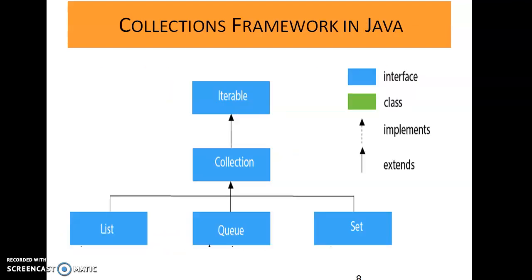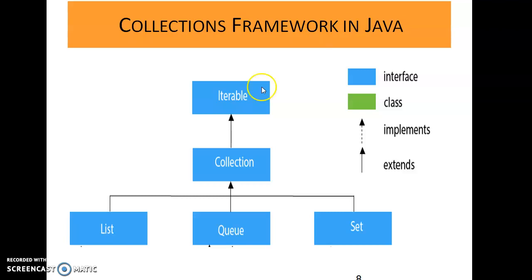Next, now we can observe collection framework hierarchy in the diagram. In this diagram, interfaces are shown in blue, while concrete classes are shown in green color boxes.